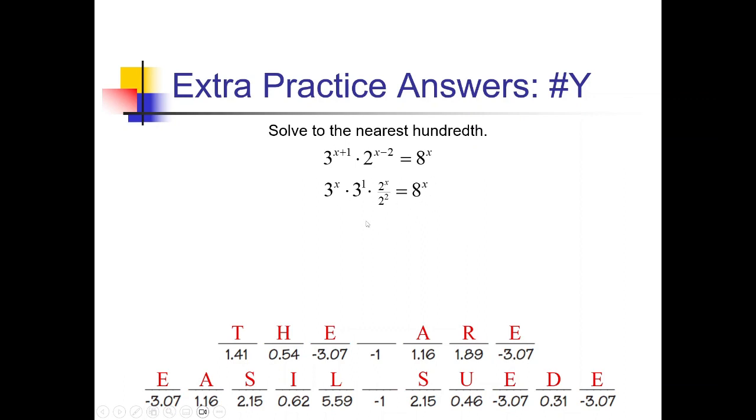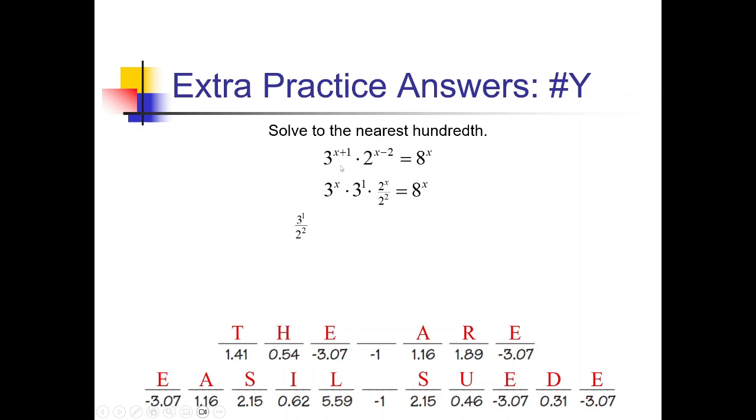At this point, this is kind of a mess. I'm going to try to get the constants on one side and the exponential terms over to the other side. So I'm going to keep my constants on the left side here. I'll have a 3 to the 1, and I can put that over 2 squared.